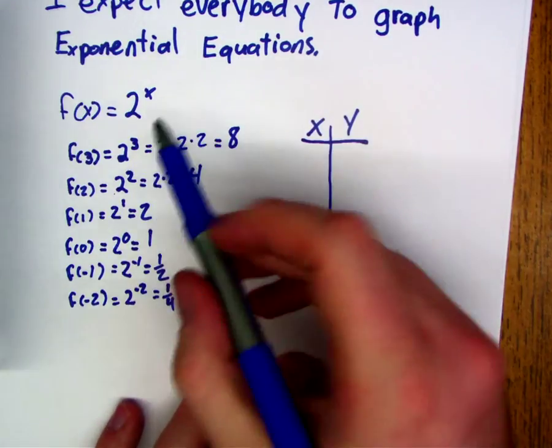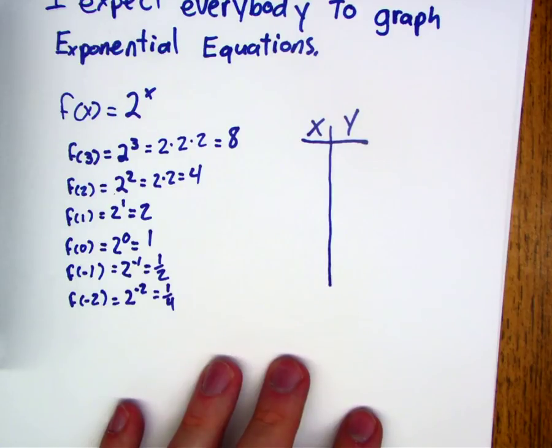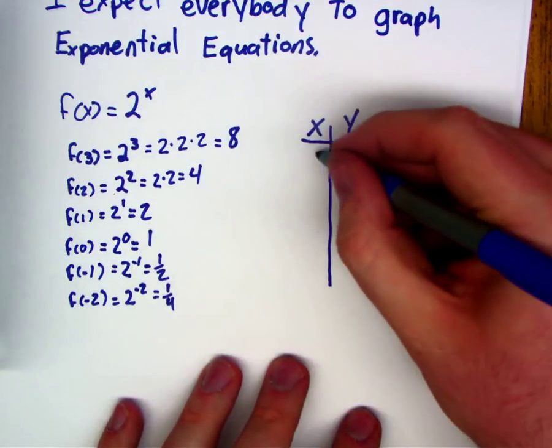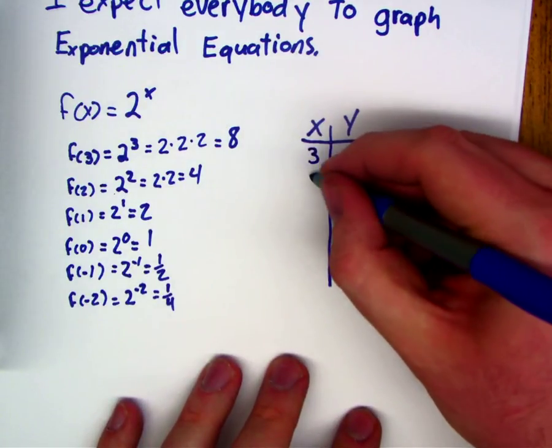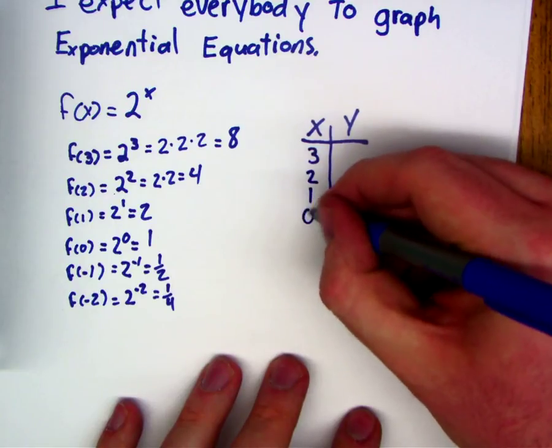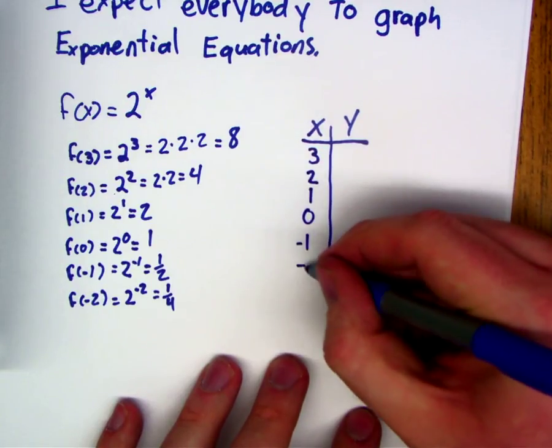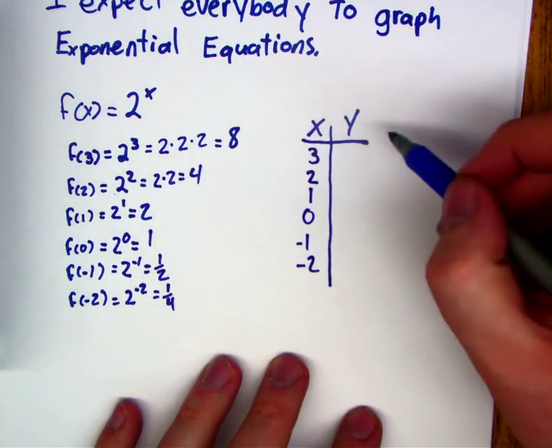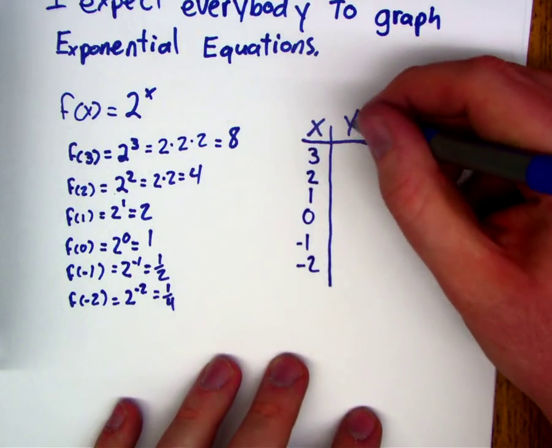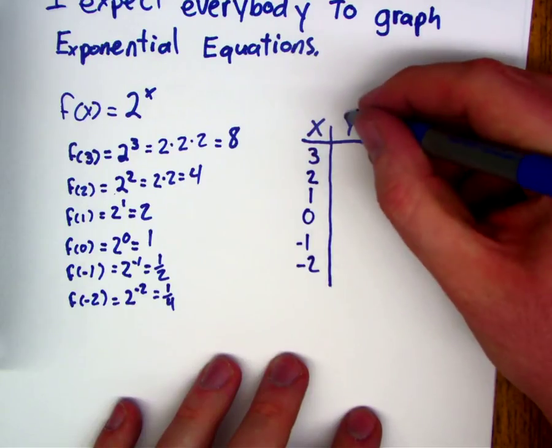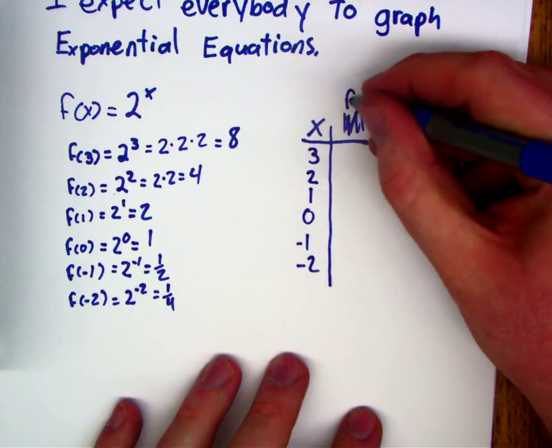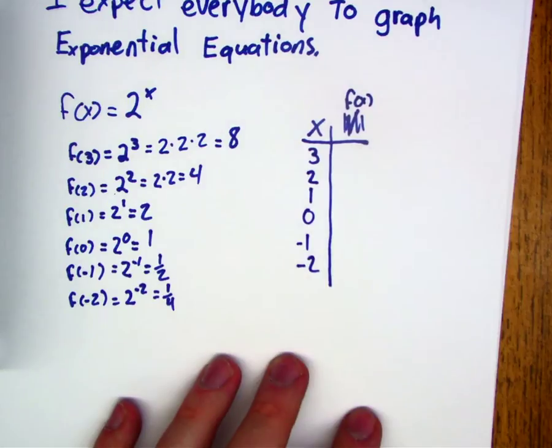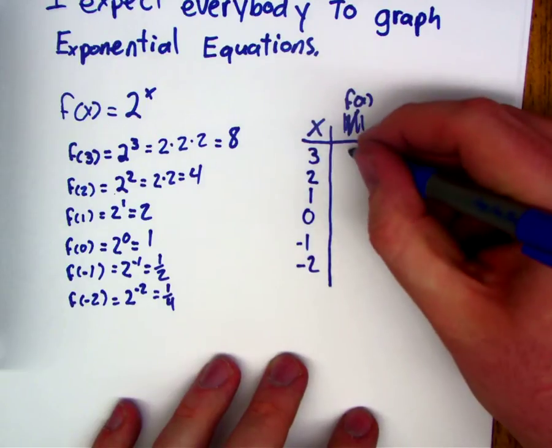Now if we wanted to graph this equation here, 2 to the x, we're just going to make sure that we say, alright, we had an x value of 3, 2, 1, 0, negative 1, and negative 2. Then after that, put in whatever our f of x was. Instead of y, let's actually put f of x up here. But it'll still hold the same thing. Our y-axis will just be whatever f of x was.